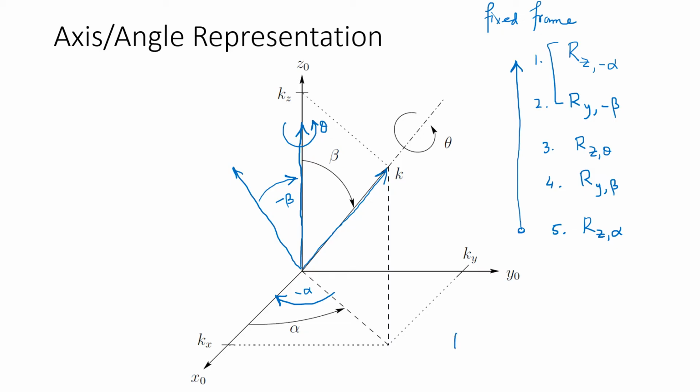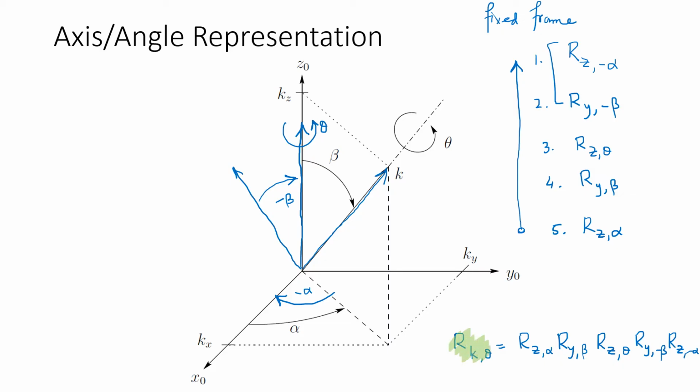So the rotation about arbitrary vector k by value theta is going to be equal to Rz alpha first, then Ry beta, then Rz theta, then Ry minus beta, and then Rz minus alpha. So these are going to be the principal rotations used to derive an expression for Rk theta.